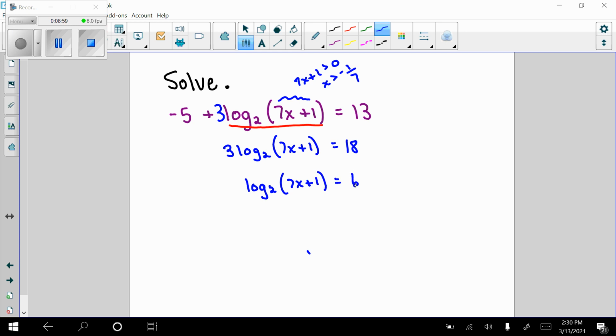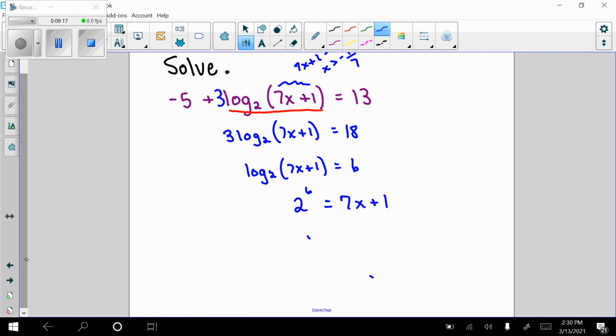Once I get that logarithm isolated, I have to change to exponential. So my base is 2, my exponent is 6, and the other side of the equal sign is my argument, which is 7x plus 1. So 2 to the 6th power is equal to 64, equals 7x plus 1.